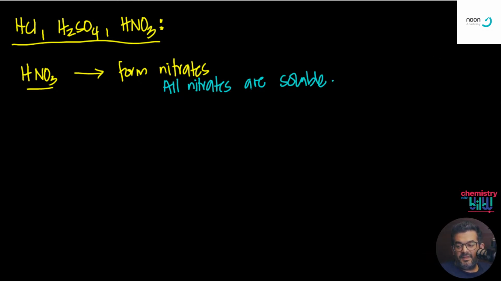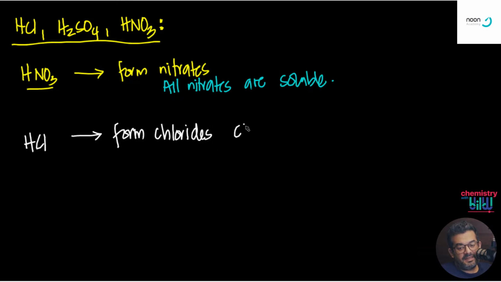Then the other 2 acids. HCl, what will it make? It will form chlorides, meaning Cl minus salts. What do you have to remember there? Everything is soluble except silver chloride and lead chloride, which are insoluble.